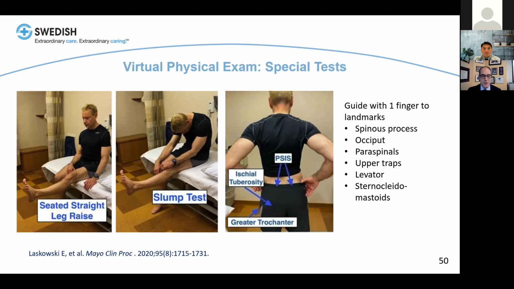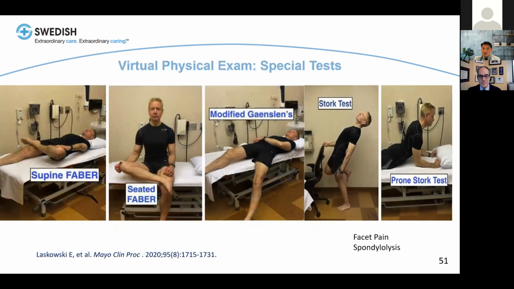Wilson, I'm not sure if you're doing any of these tests, but this is a great reference. You go online, you click it, and it'll take you to the videos, and they break it down by body part. So, Wilson, are you doing any of these with your patients on virtual visits? Oh, absolutely. The good thing about virtual visits is the convenience, but the bad thing is you can't get your hands on them. Whatever they can do is a good reflection of how much activity they could tolerate and exert.